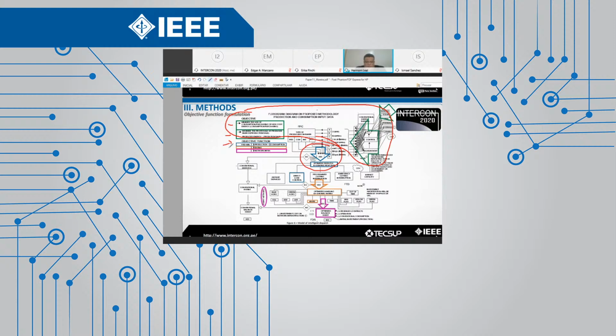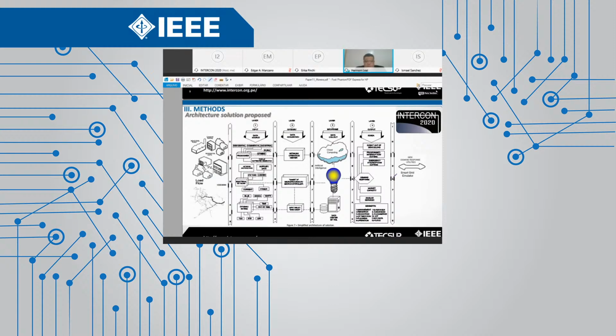The third part is about rating, like tariffs. And the last one is about the network infrastructure, the viability, the available use of grids.